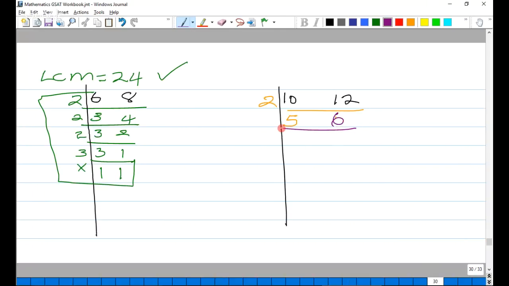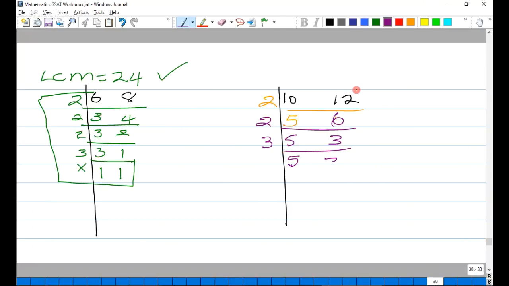Okay. Can I use 2 again? Yes. This time I'm going to use 3. Why am I not saying 3 into 5? Because it's going to leave a remainder. Therefore, it's not a factor. It's not going to be used.